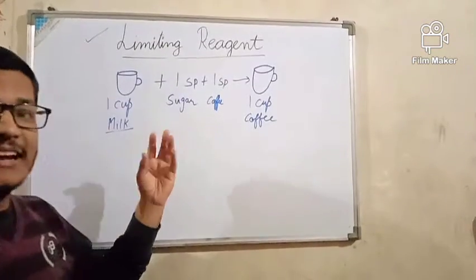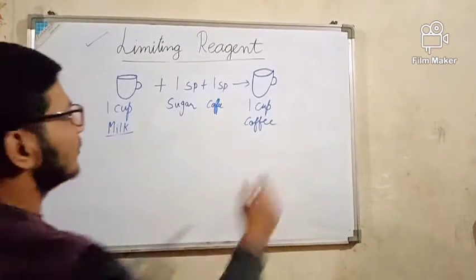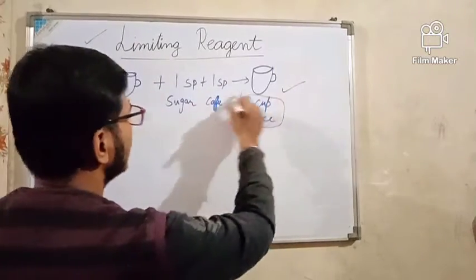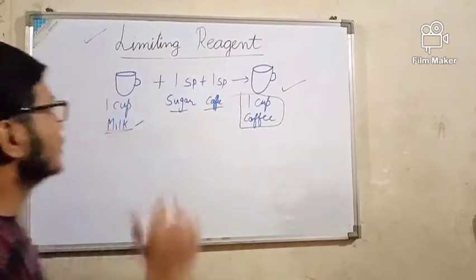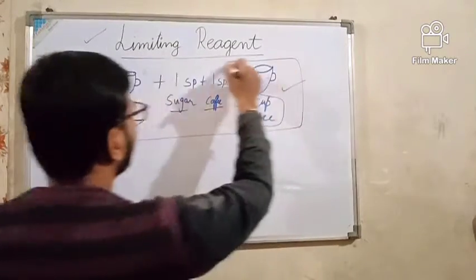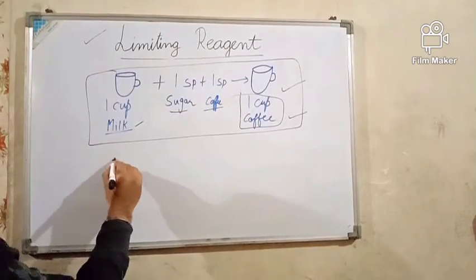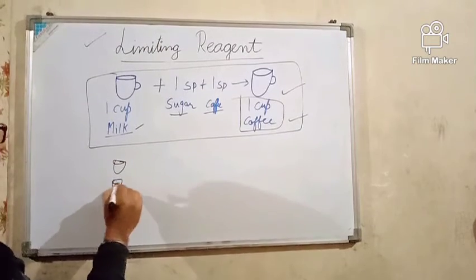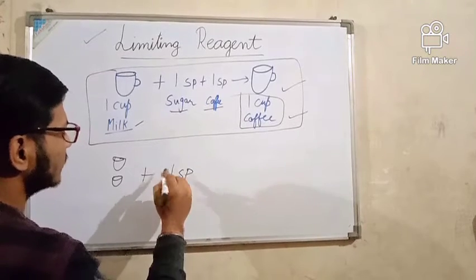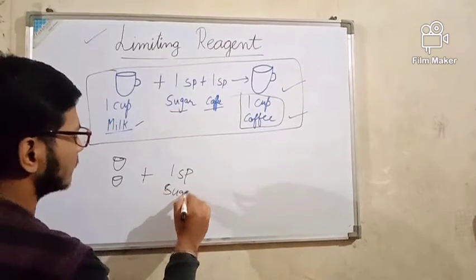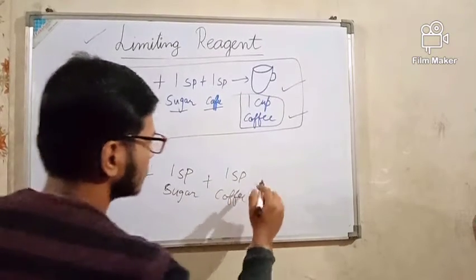Now let us understand the concept of limiting reagent with a practical example. Suppose to make 1 cup of coffee you need 1 cup milk, 1 spoon of sugar and 1 spoon of coffee. So this is the recipe for making 1 cup of coffee. Now let us suppose another case where you have 2 cups of milk and 1 spoon of sugar and 1 spoon of coffee.